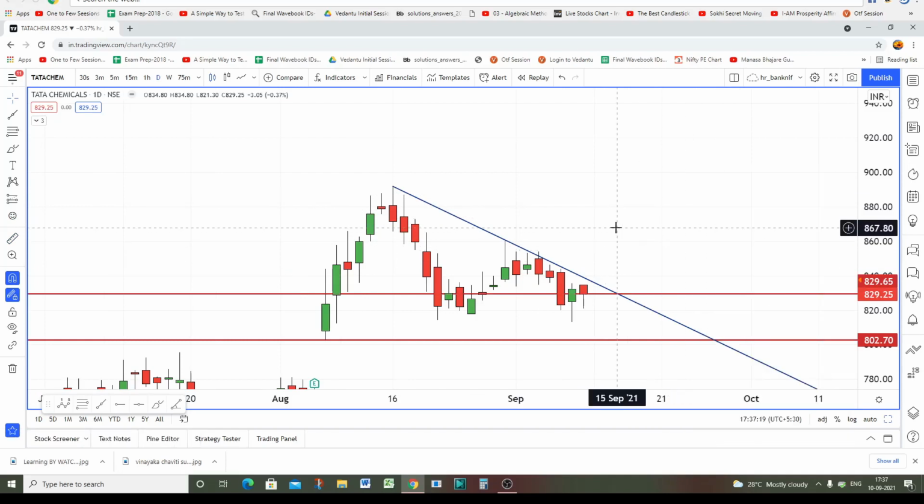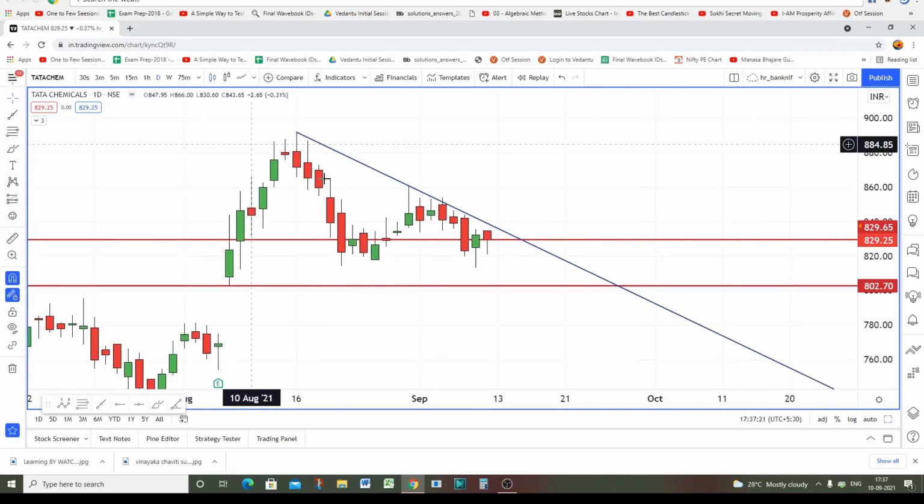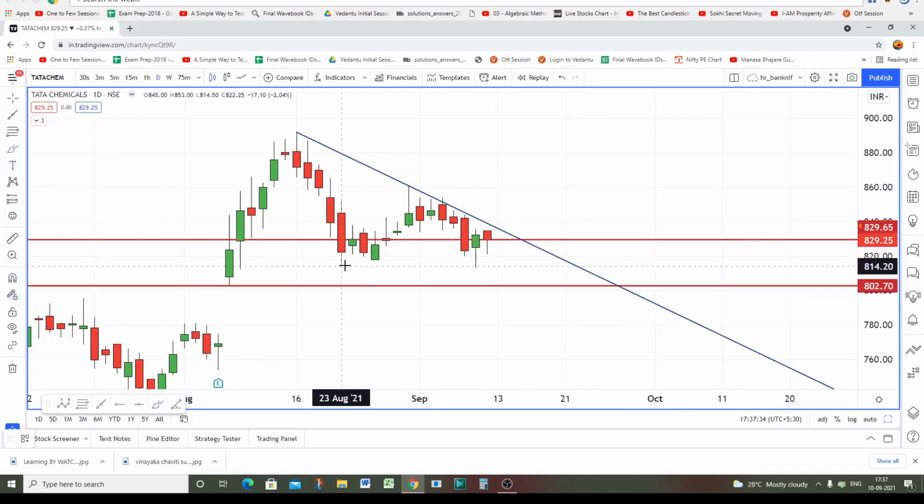Here we can understand one more point. On this daily time frame, this stock is taking support. See here, it took support once here, once again it took support at the same level, and continuously for the last 3 days it is taking support at this level.